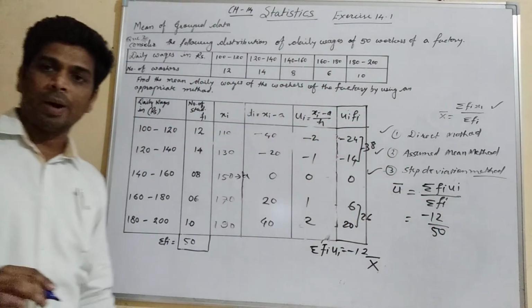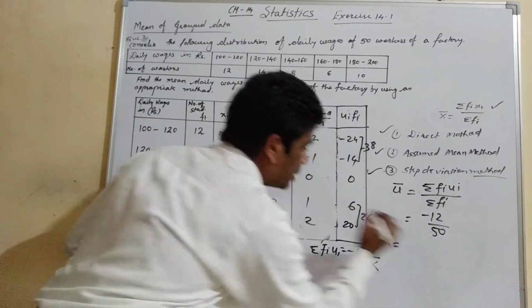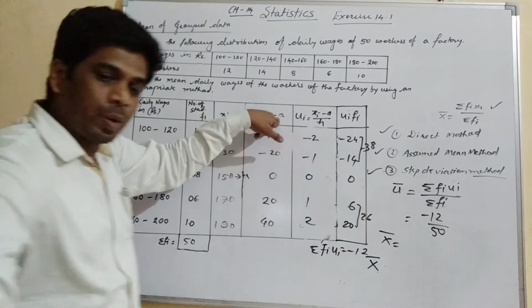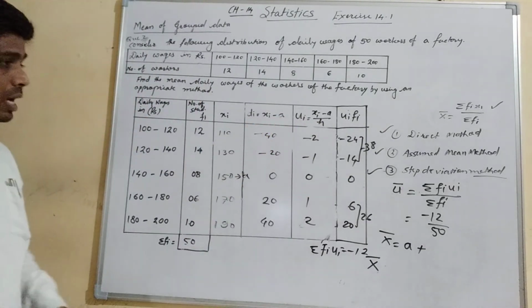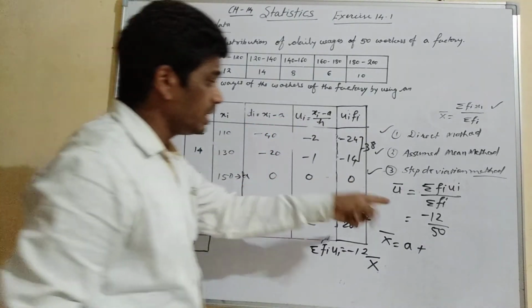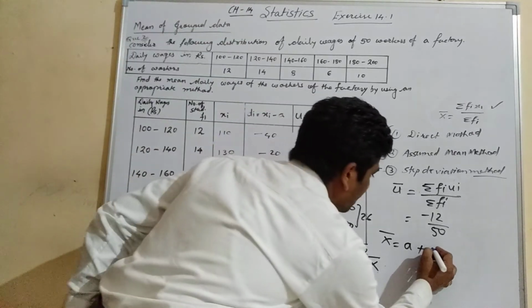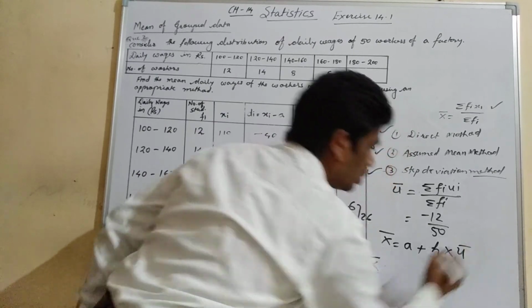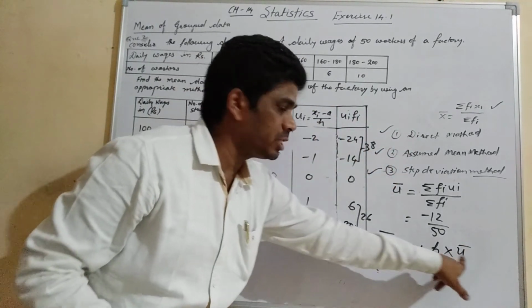This we got u bar. Now here we have to find x bar. So for x bar, first we have subtracted a, so we will add a. Then plus, here we have divided by h, so we will multiply by h into u bar. Opposite we will do. So this will be the formula: x bar is equal to a plus h into u bar.